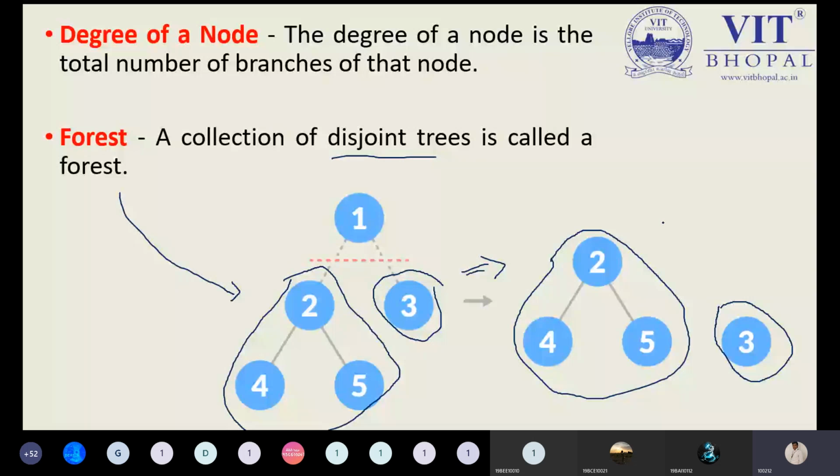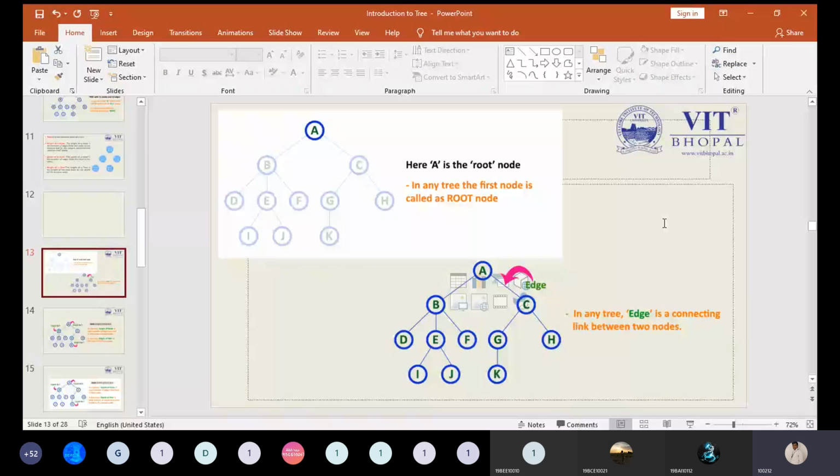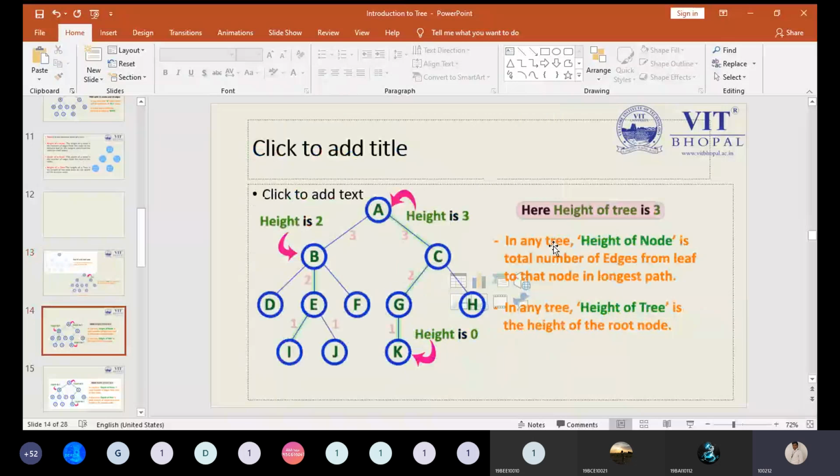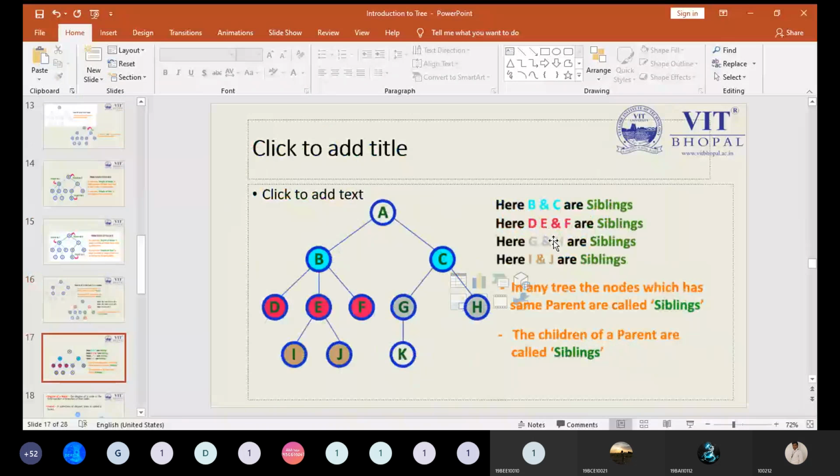We have a diagram, but before understanding the diagram, we must have some idea of the definition. If you need to measure the degree of a node, how can you measure it? It is the total number of branches of that node. Can anyone give me an idea how to calculate the degree and what is the degree of this tree?